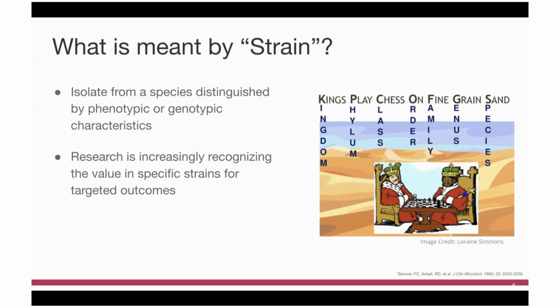That's the kingdom, phyla, class, family, genus, and species. You'll notice that there is no strain mentioned in this taxonomy. A strain is isolated from a species. It's distinguished by genotypic and/or phenotypic characteristics. Specific strains are then tested for very targeted outcomes.